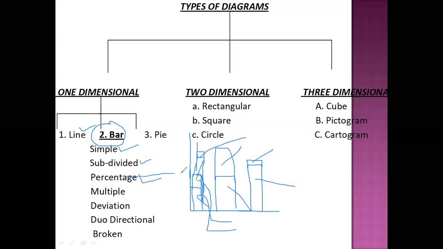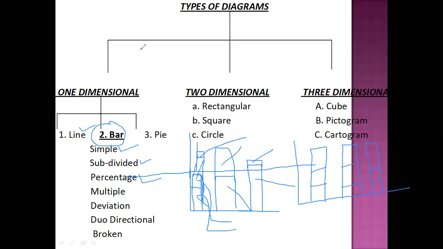And percentage bar diagram. Percentage bar diagram, in our earlier class we have seen, all units will be made to be equal to 100, and then we are going to divide. Total will be equal to 100, but whatever original raw scores are there, they will be represented as part of 100.